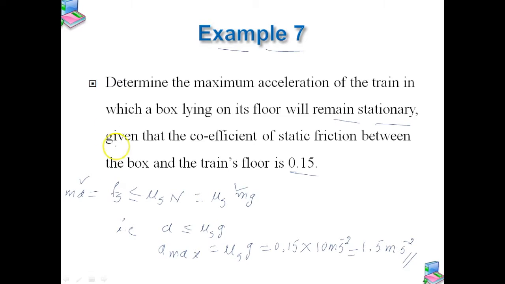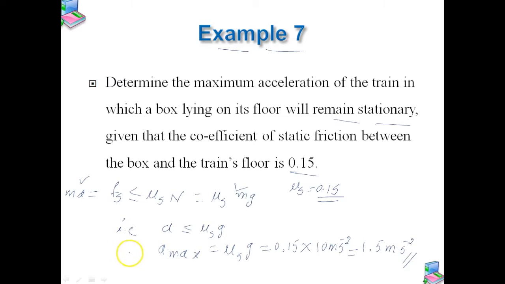With that, we can find the maximum acceleration, which is given by mu s into g. In the question, they have given the value of mu s, that is 0.15. Using this value, we can find the maximum acceleration of the train.